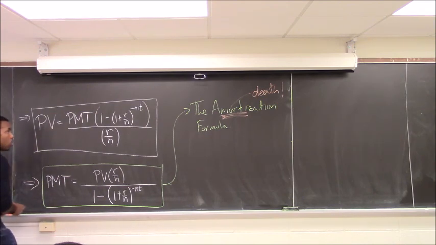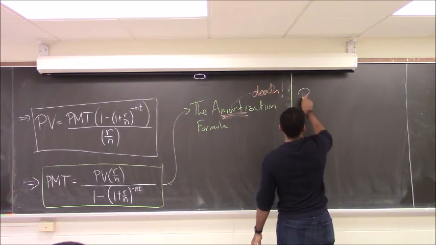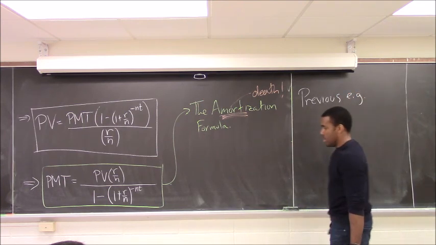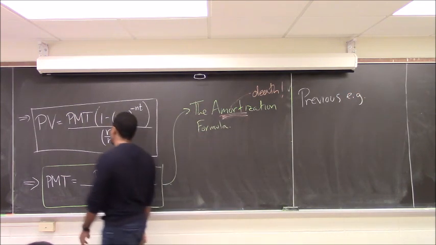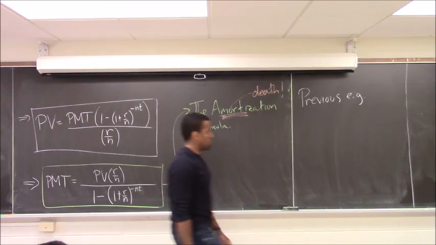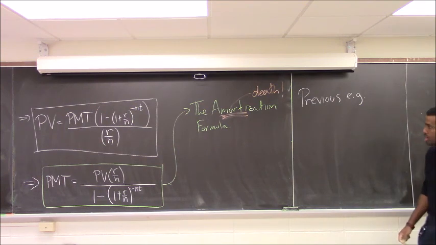But let's go back to the previous example. Let's use these formulas to answer the previous example, right? How much do I have to put in now to get payments of $1,000 every month for 5 years? And we're doing 5% APR compounded monthly.